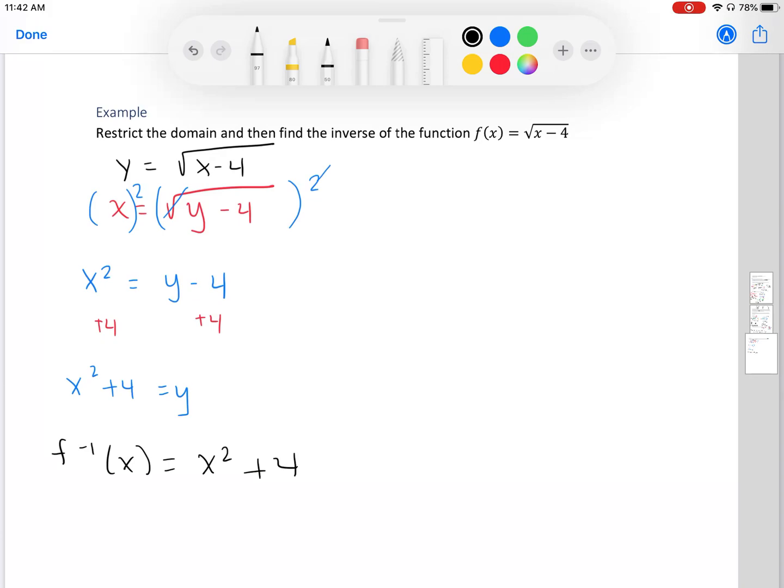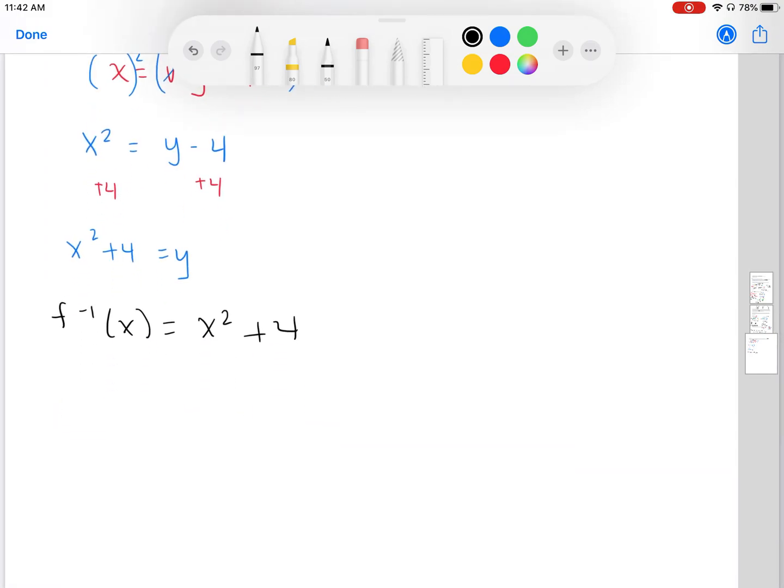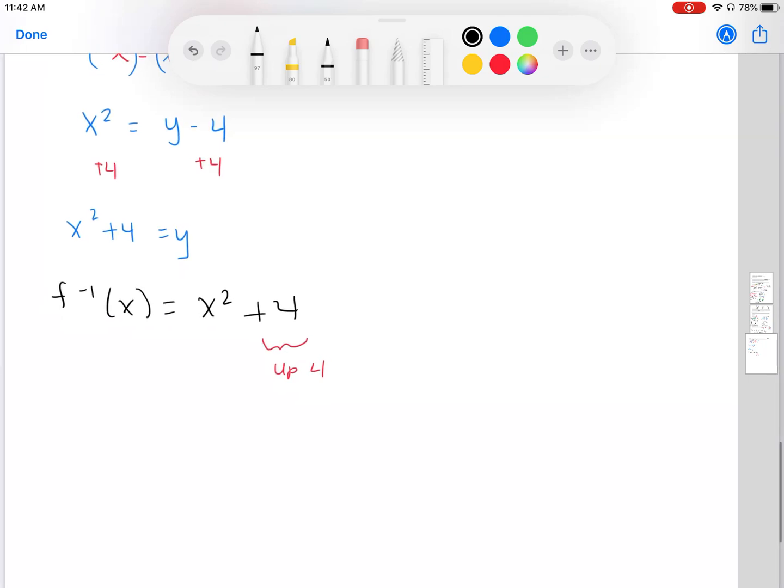Okay, now we have this function, and this function is a parabola that's shifted up 4. So here's what I have to consider my vertex. So this graph is up 4 and it opens up. Now, inverses also need to be one to one.